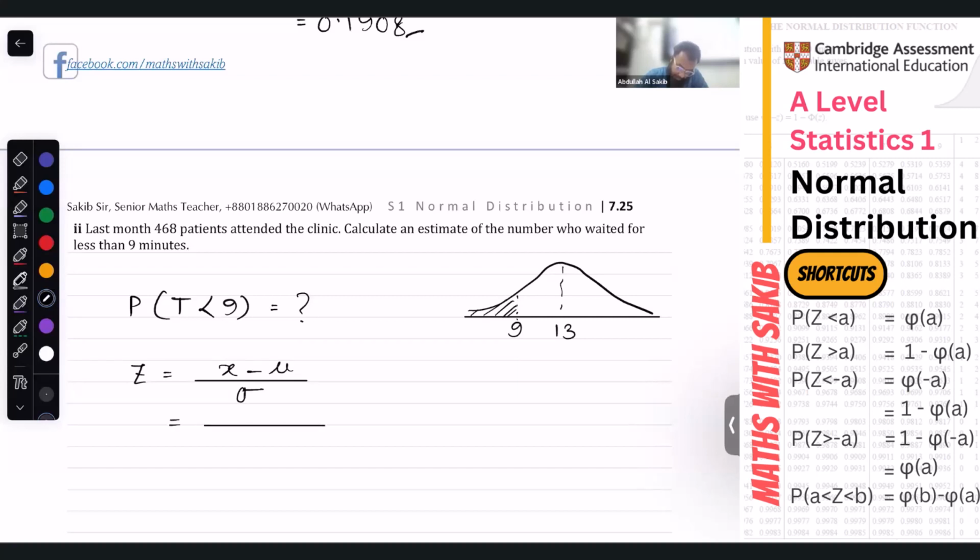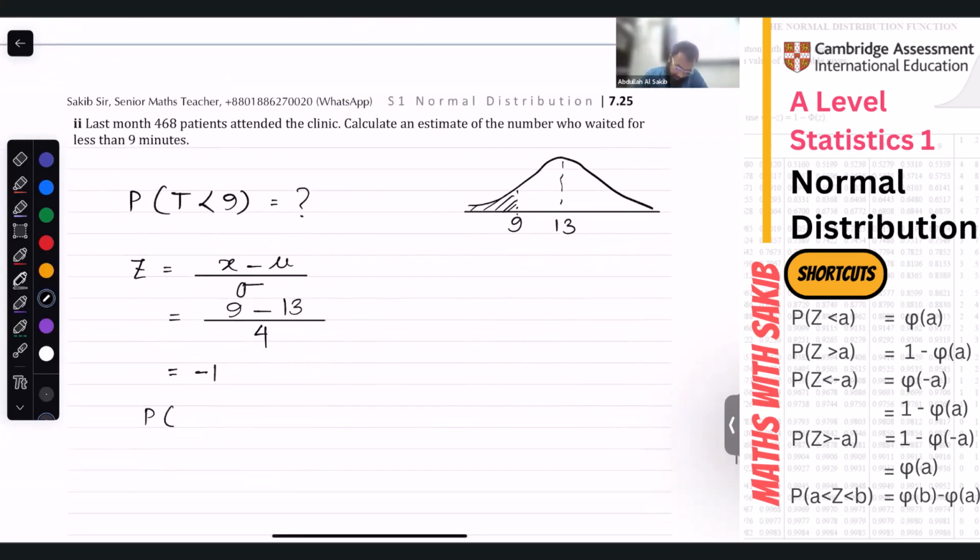So 9 minus 13 divided by 4 is minus 1. So probability of Z is less than minus 1.